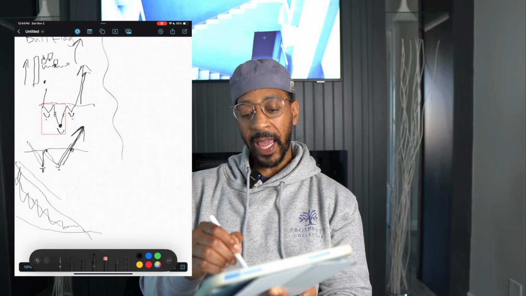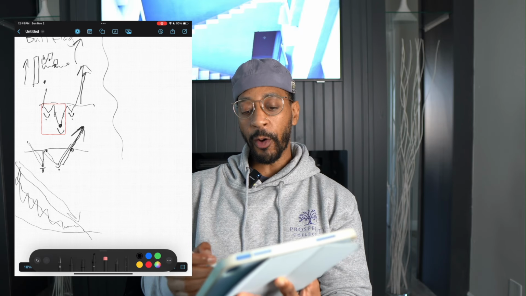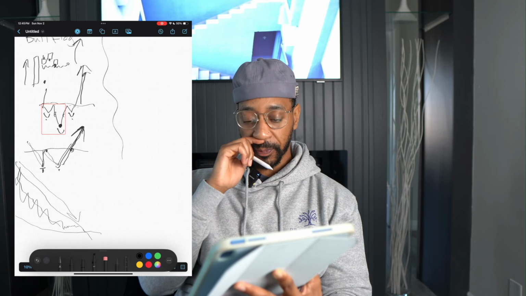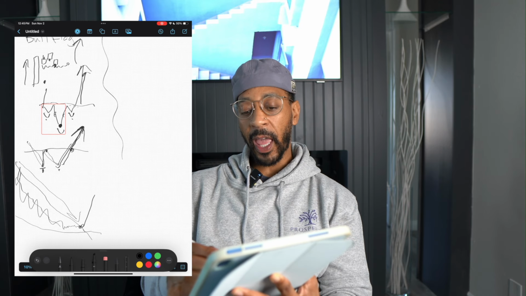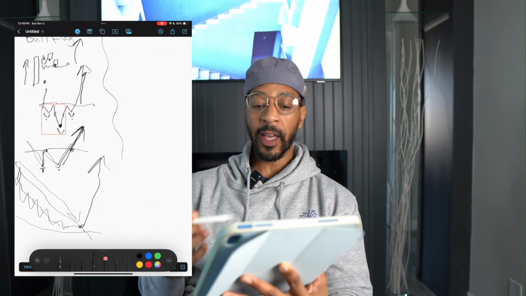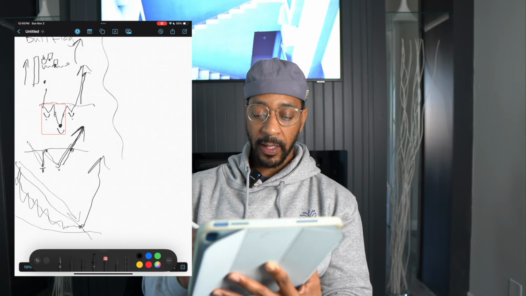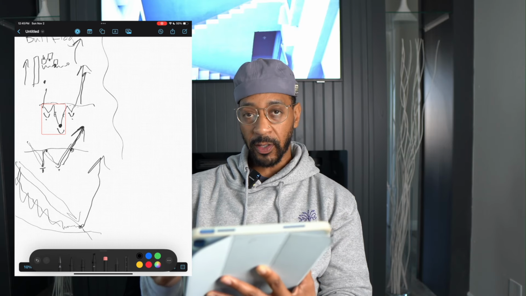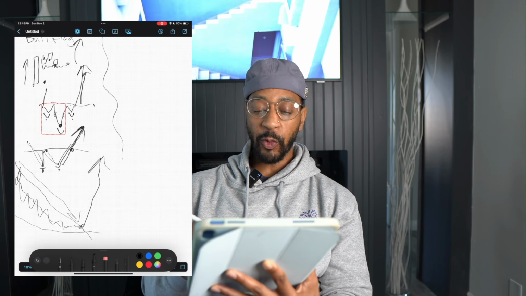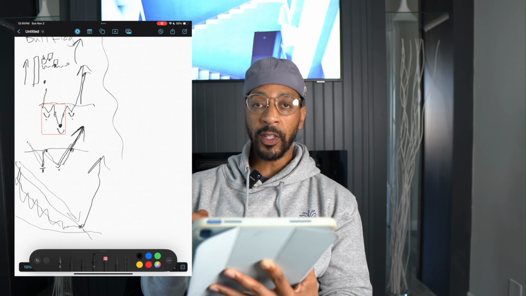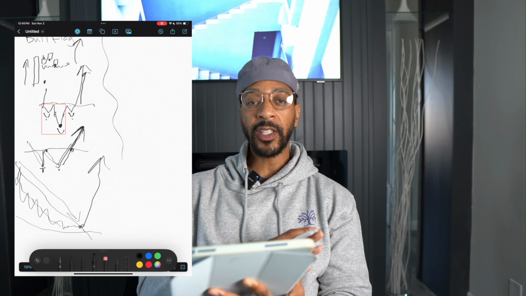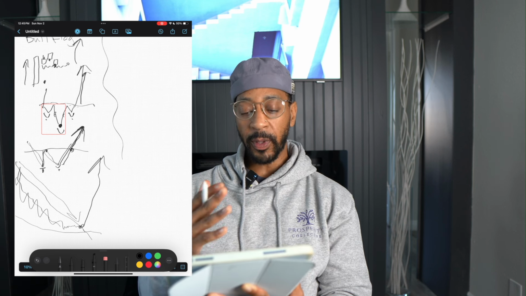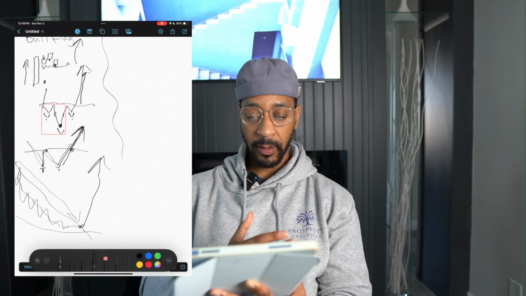So it's coming down, but it's forming a small wedge. Once it breaks out of this wedge right here, it usually ends up going crazy to the upside, right? That is a falling wedge. So this would be another bullish pattern, okay? Once again, a culmination of candlesticks, but this is a bullish pattern.